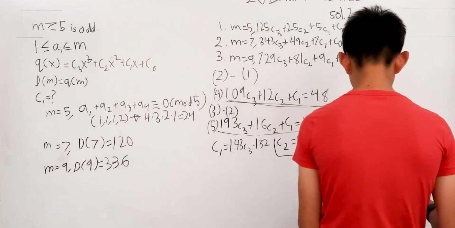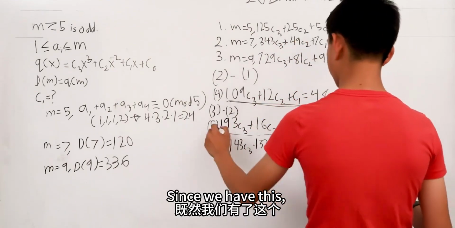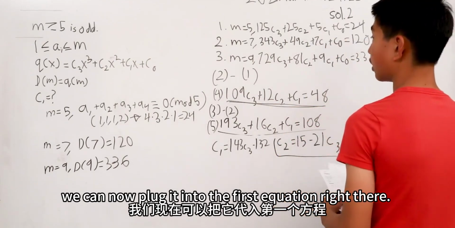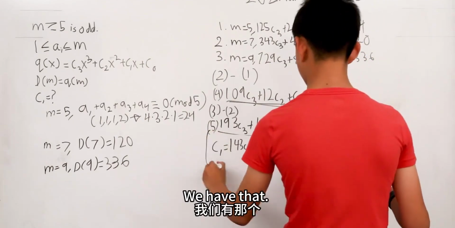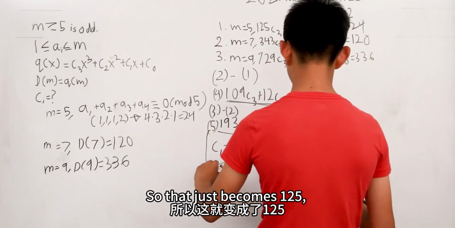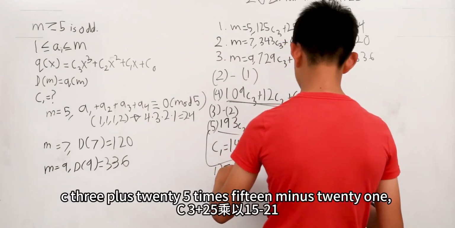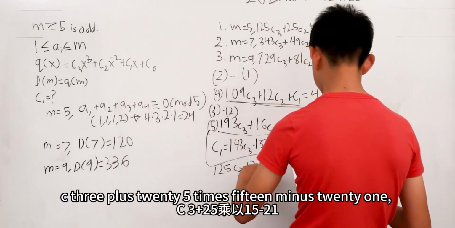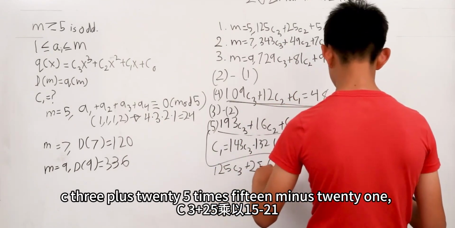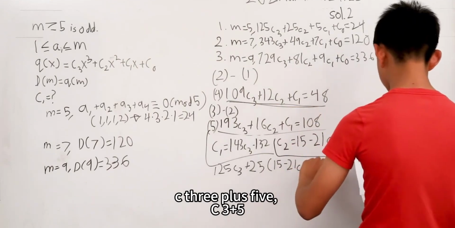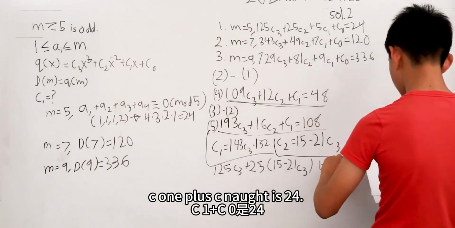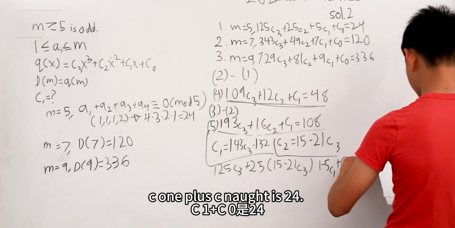Since we have this, we can now plug it into the first equation right there. So that becomes 125 C3 plus 25 times 15 minus 21 C3 plus 5 C1 plus C0 is 24.